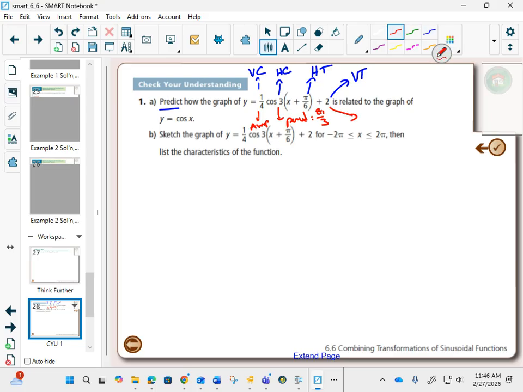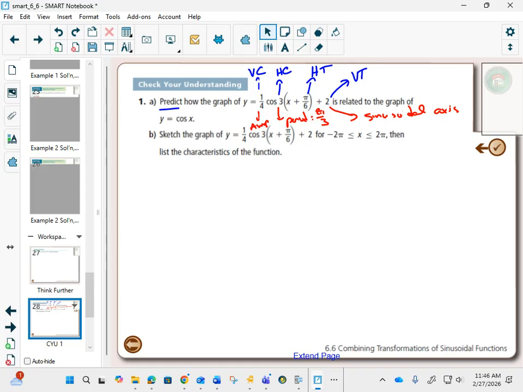In this unit, we talk about the sinusoidal axis being the d value. If you were asked to describe this on the exam, you could use the transformation language, or you could use the language of amplitudes and sinusoidal language.